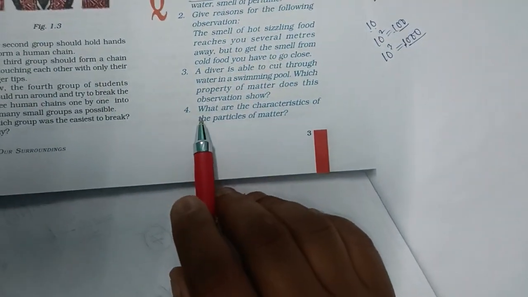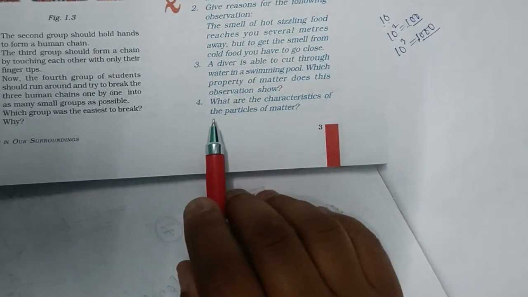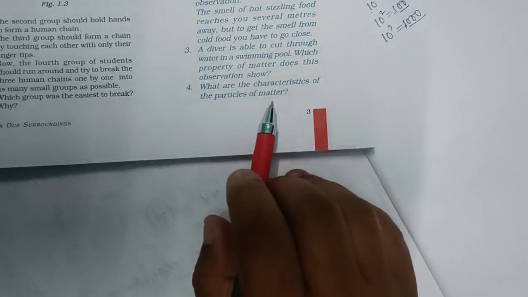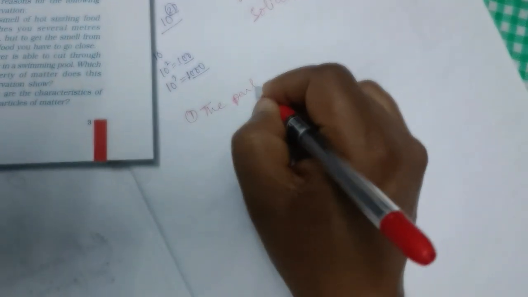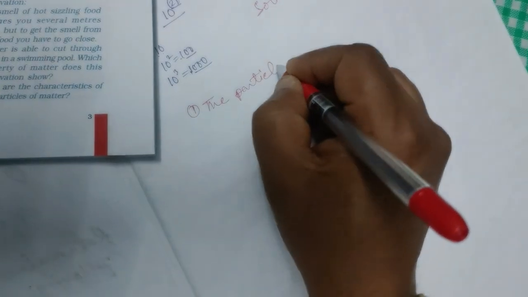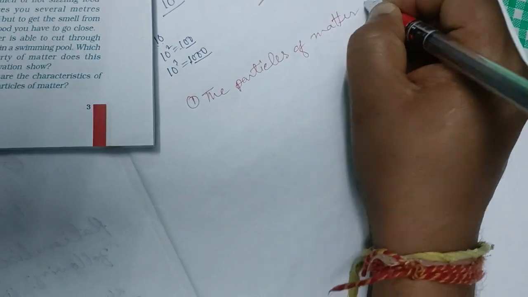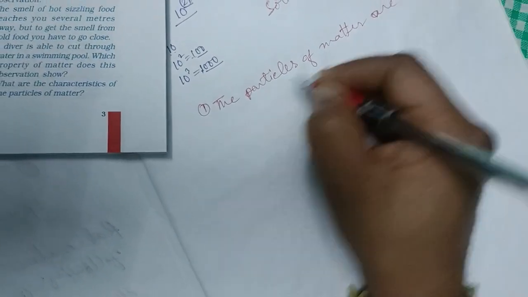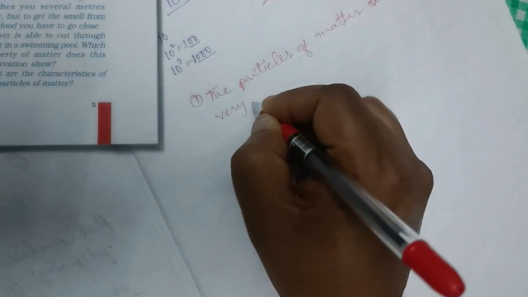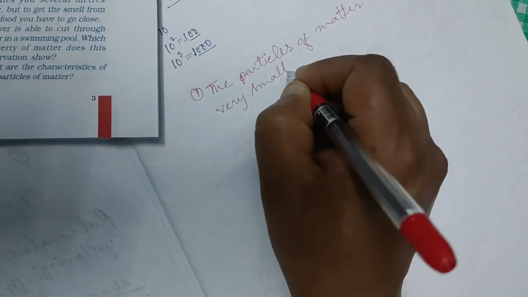Now here, what are the characteristics of the particles of matter? Now that you have understood, the particles of matter are very, very small. So number one, we can say that the particles of matter are very, very small, that I told you already.